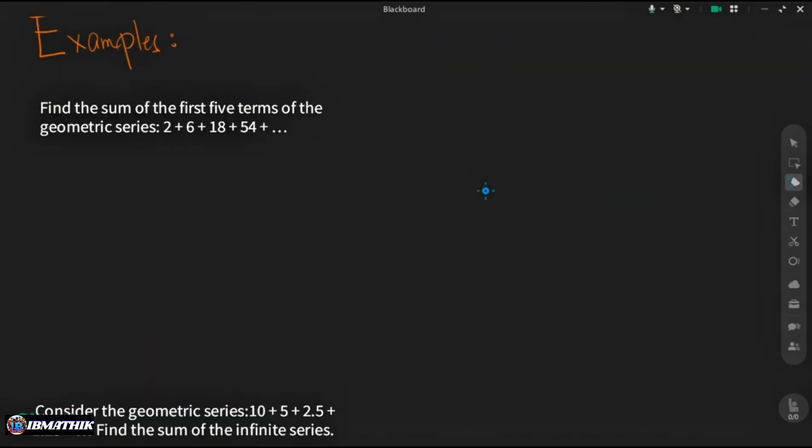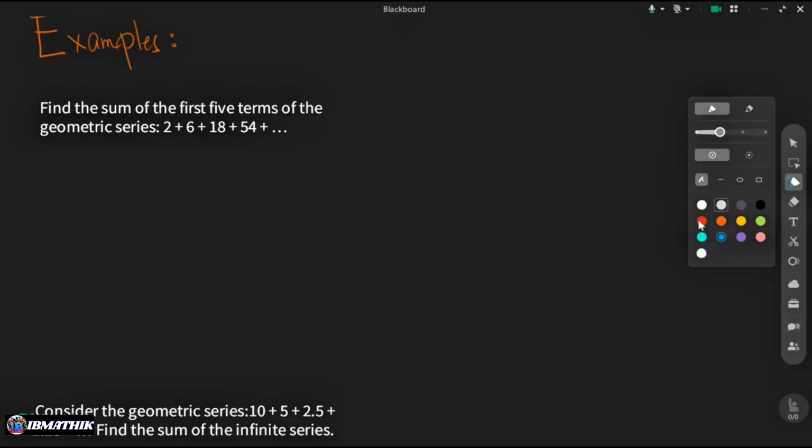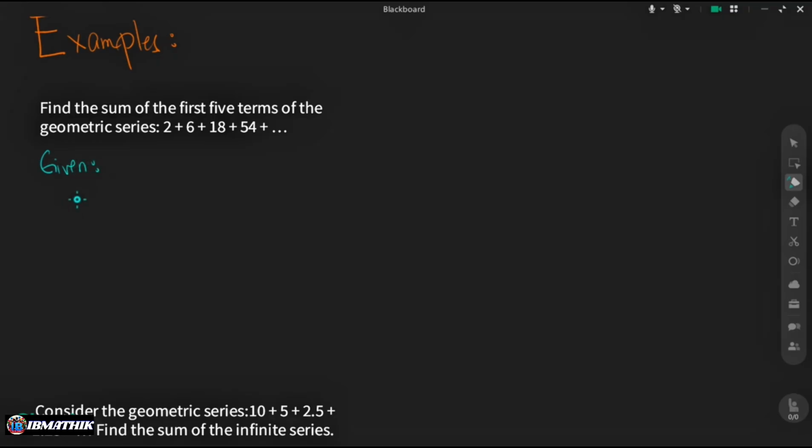So let's try some examples. Find the sum of the first 5 terms of the geometric sequence. So let's write all the given. Our a sub 1, or the first term, is 2. And obviously our ratio is 6 divided by 2, which is 3. Our n is 5 terms. So we need to find S sub n, or the sum.